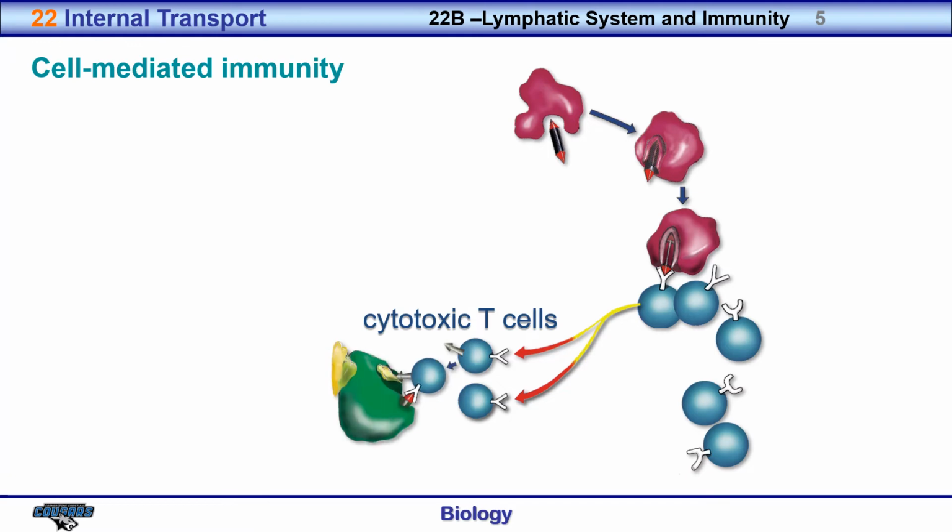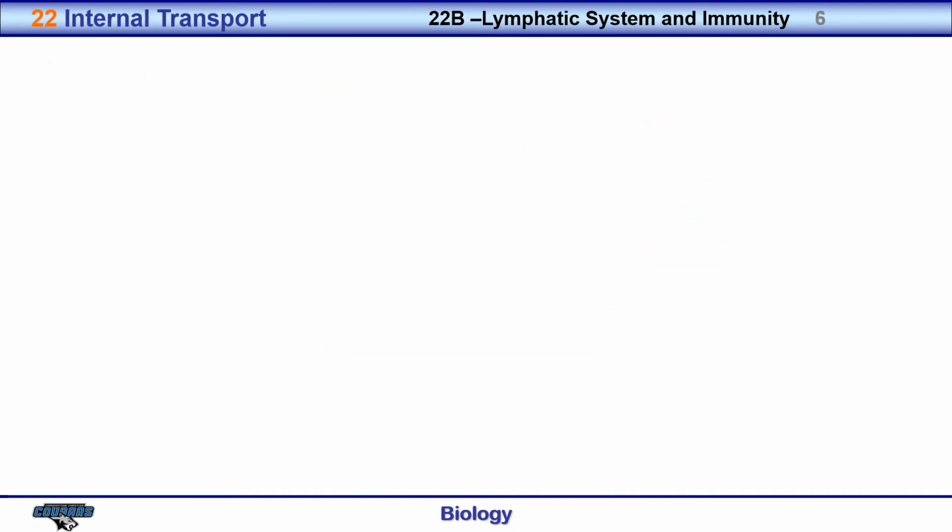These are the ones that will attack a body cell that's damaged by an antigen and cause it to split open, and by killing that cell, it prevents it from being controlled by the antigen to make more viruses or something like that.